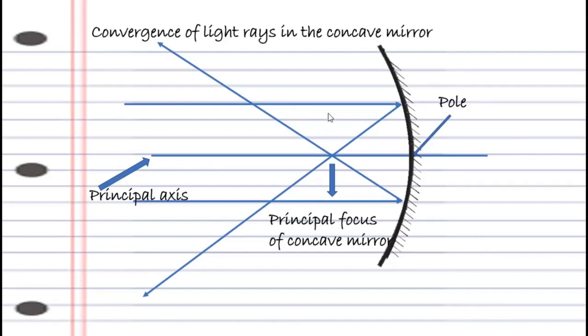Now I can say incident rays which are parallel to the principal axis, this is the principal axis, reflect back and pass through a single point on the principal axis. I hope you have understood. So if you can draw this much, this is the diagram for convergence of light rays in the concave mirror.